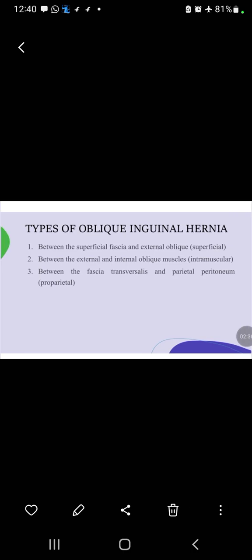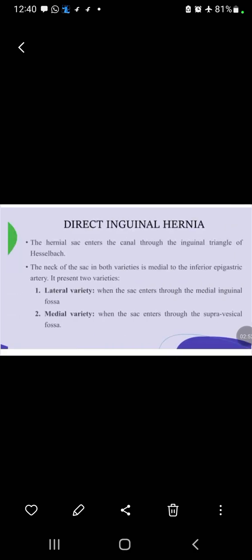Types of oblique inguinal hernia: between the superficial fascia and external oblique, between the external and internal oblique muscles, and between the fascia transversalis and parietal peritoneum. Direct inguinal hernia: the hernia sac enters the canal through the inguinal triangle of Hesselbach.